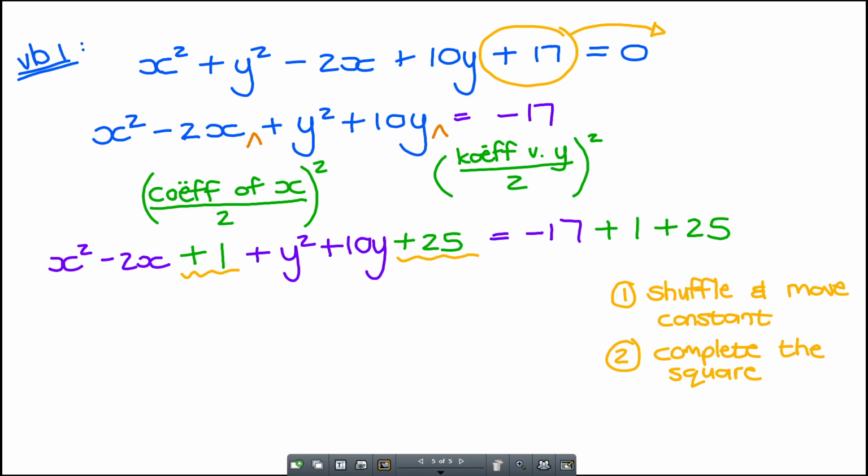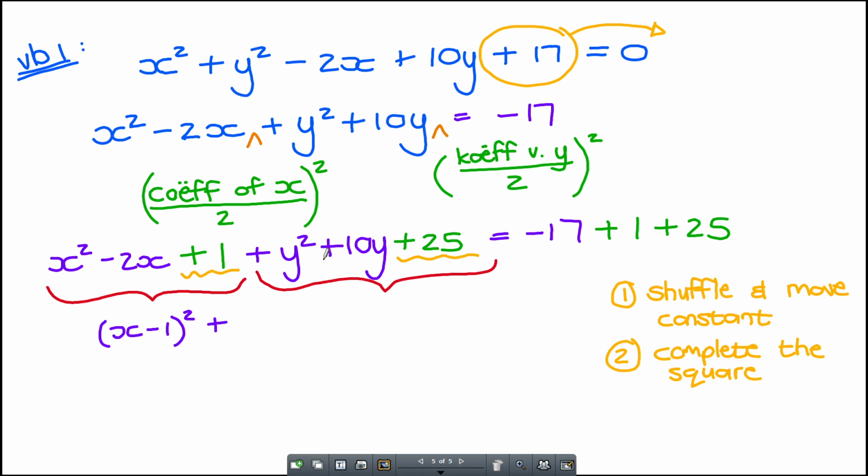Now, I can simplify and say, if I look at this first part, x squared minus 2x plus 1. If you factorize that, it would become what? Yes, I hear him. x minus 1 times x minus 1. In other words, x minus 1 squared. No. Okay.